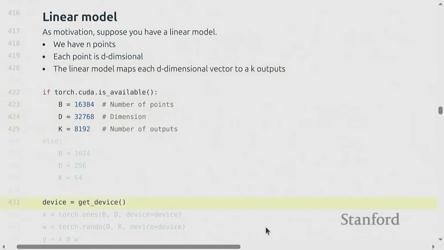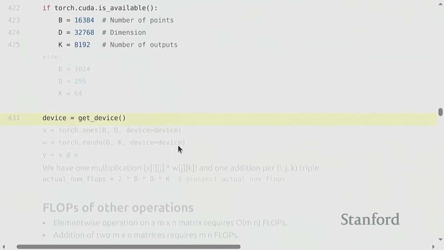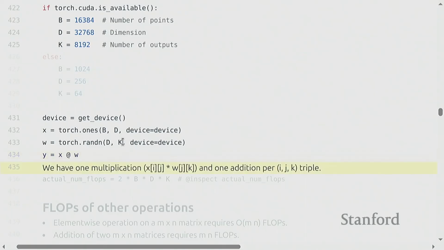So let's set some number of points: B is the number of points, the dimension is D, K is the number of outputs. Let's create our data matrix X and our weight matrix W. And the linear model is just a matmul, so nothing too interesting going on.